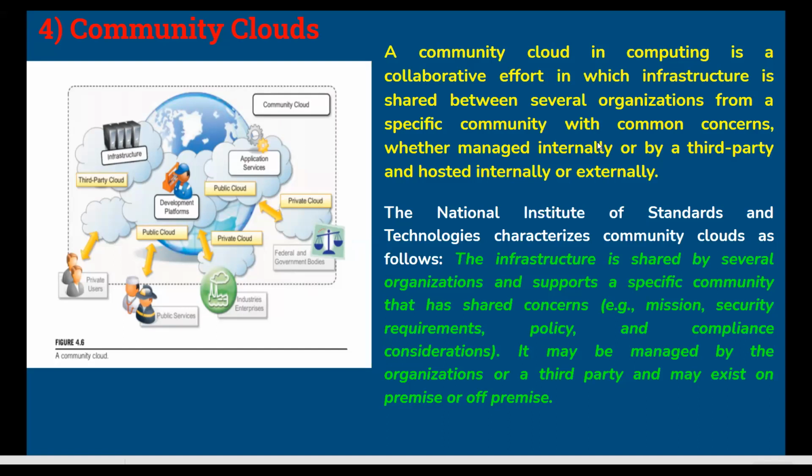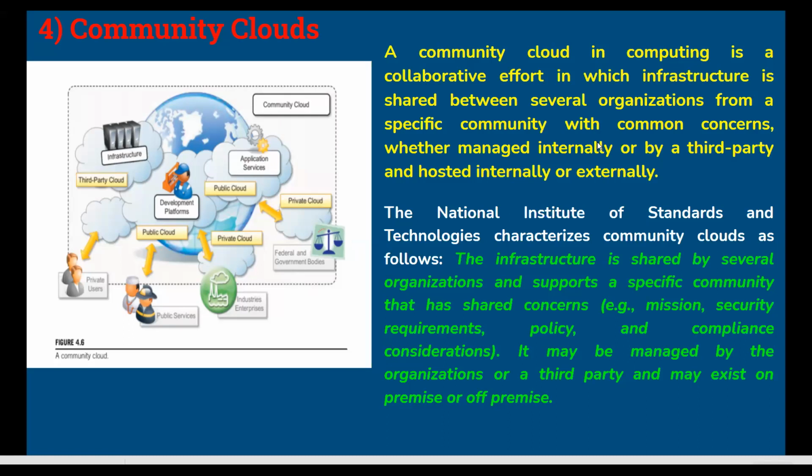So basically, community cloud simply refers to the community people who will have the same requirements. They have the same infrastructure requirement, application services requirement. They are working on the same development platform. So if they want to work together, then they can be part of it. That is your community cloud.